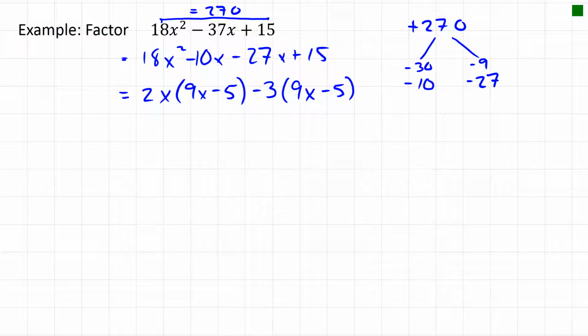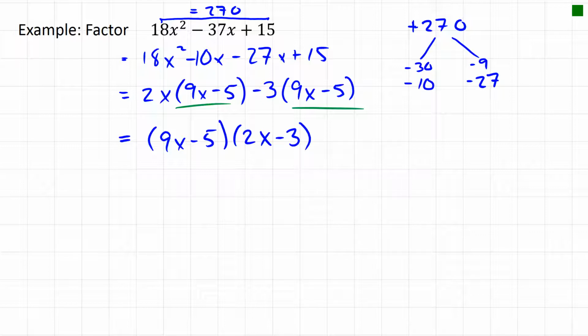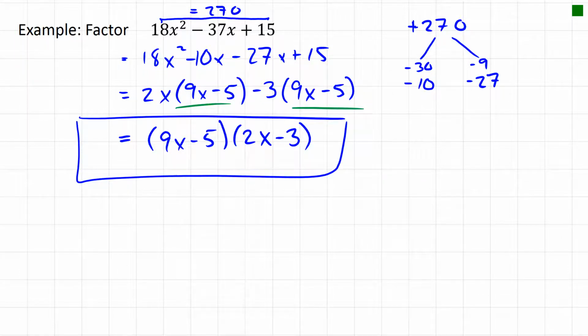Good, so it worked out. I have those common brackets on each term, so I can factor that off of each term, leaving me with 2x minus 3 in the second brackets. And so there's my completed answer. And again, we could FOIL this to confirm that we've done this correctly.